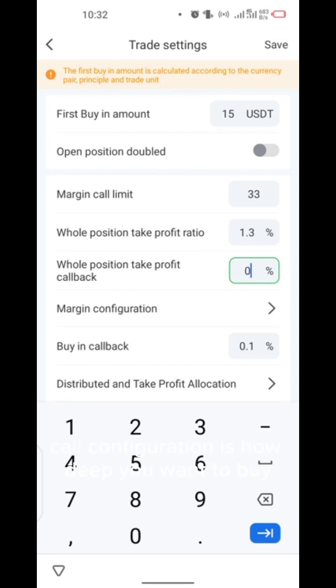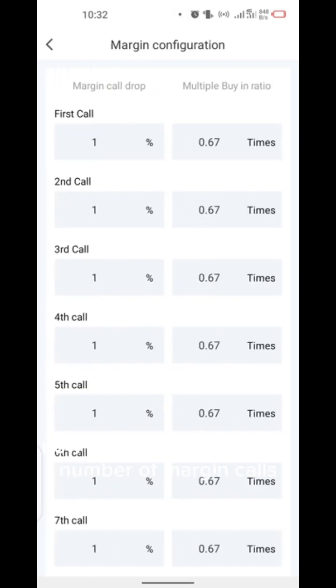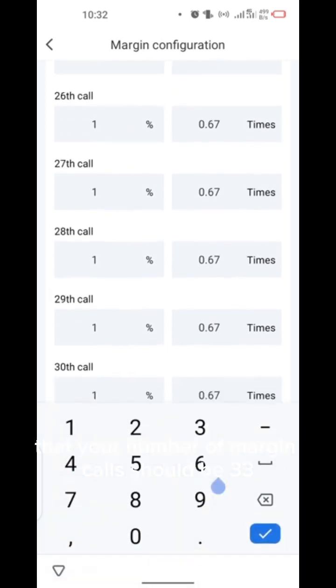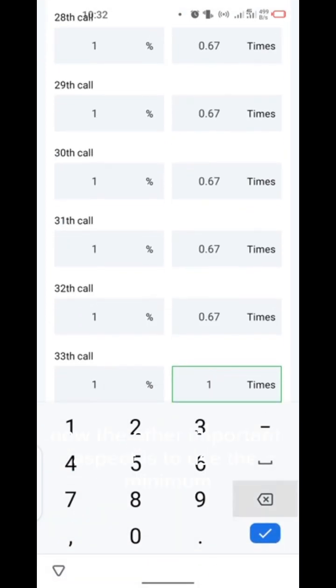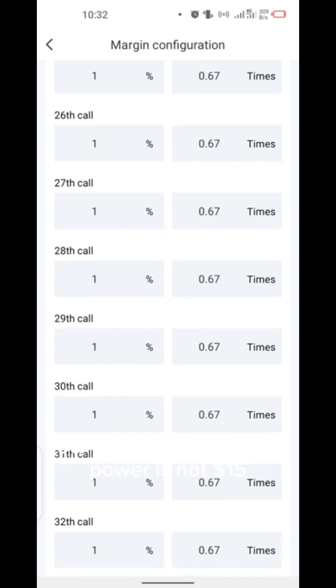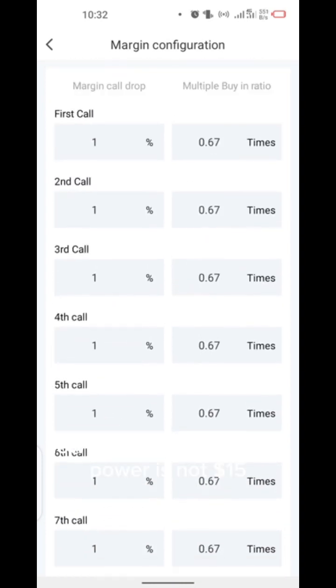Now, the margin call configuration is how deep you want to buy. Now, after determining the number of margin calls, your number of margin calls should be 33. Now, the other important aspect is to use the minimum buying power. Now, the minimum buying power is not $15. It is 0.67.